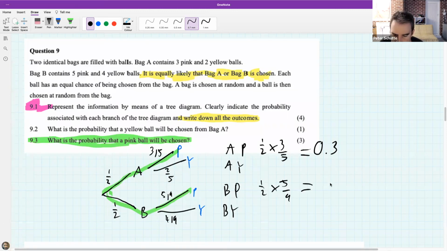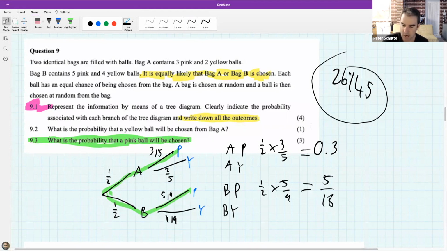Well, that's actually obvious. And then this is just going to be 5 over 18. So I get 26 over 45. So you should get, final answer, 26 out of 45, which I see a lot of you in the chat have got. All right, everyone. So I've just added together these 2 things to get the 26 out of 45. Well done, everyone.